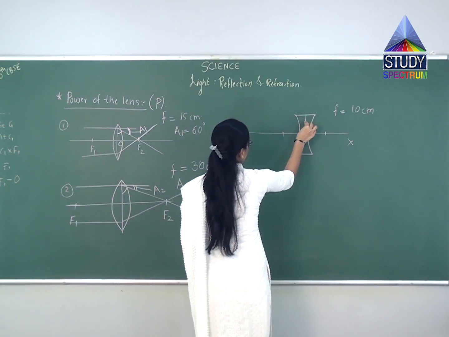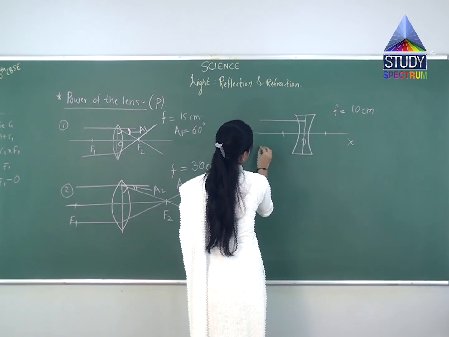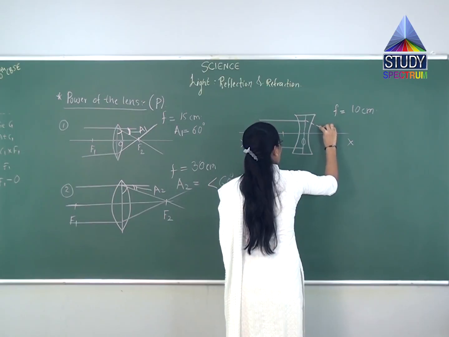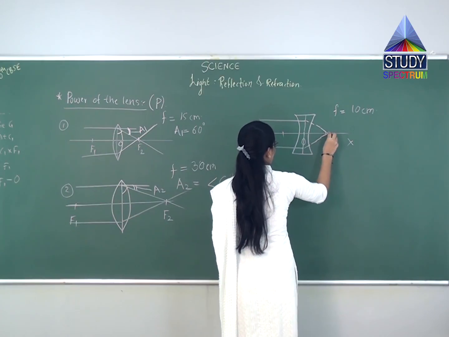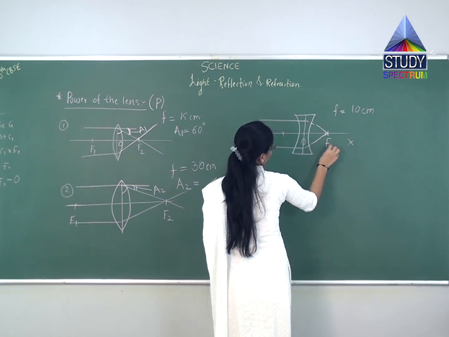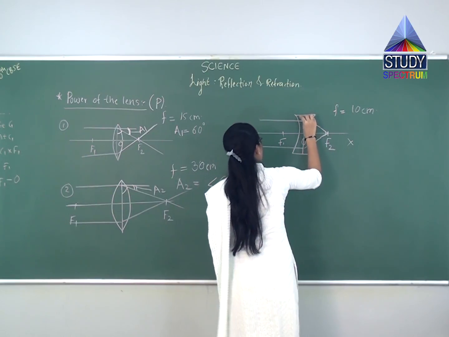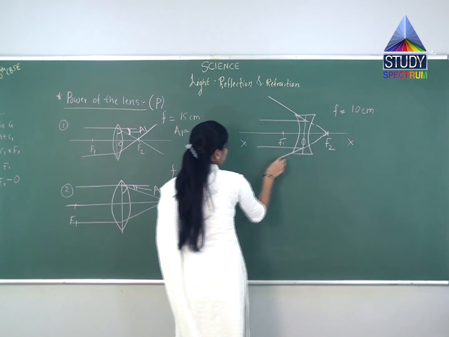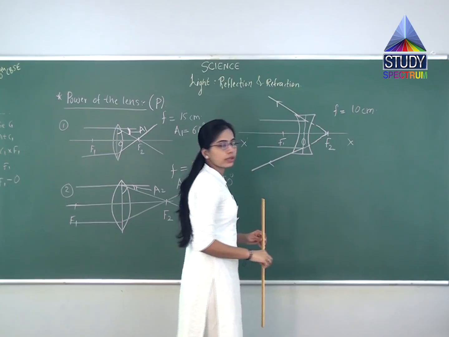Parallel rays will be incident and they will look like they are diverged from the focus like this.